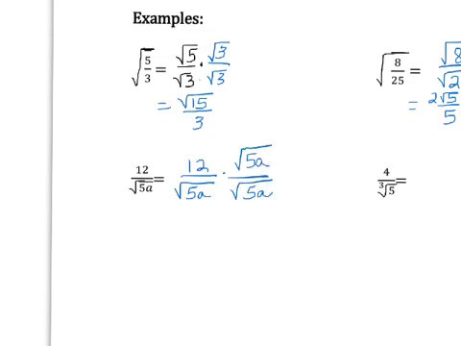We're multiplying by 1. We're not changing the value, we're just changing how it looks. So now we have 12 square root 5a on the top, and these 2 multiply to cancel those radicals. And this number is now rationalized.